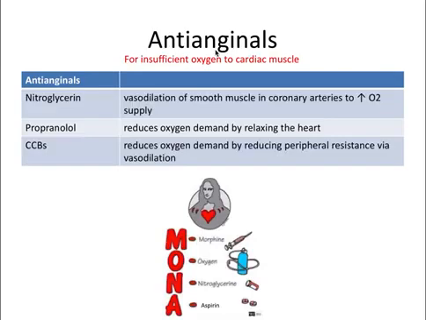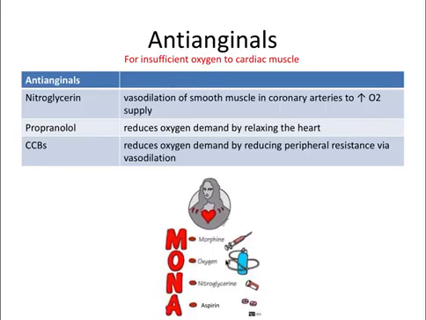Now we can talk about antianginals that are made to combat angina, essentially for insufficient oxygen to cardiac muscle. And that's when you have angina, which is that chest pain, and that's caused by insufficient oxygen to that cardiac muscle.